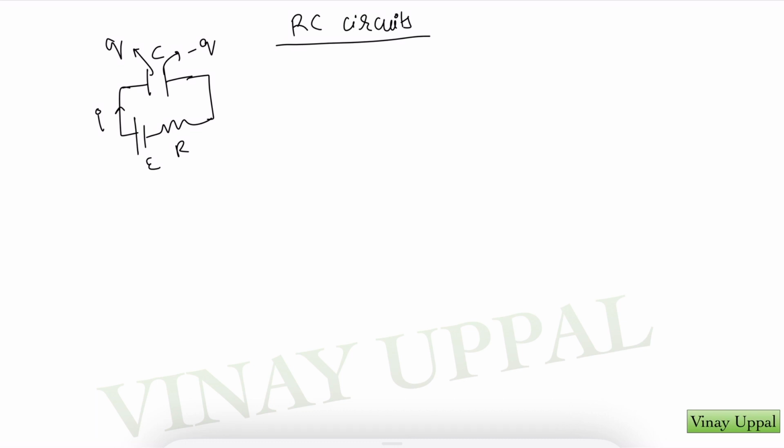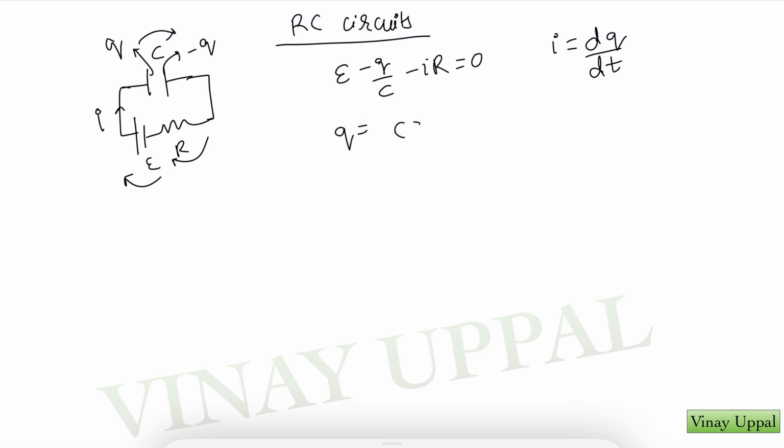So my loop law will be, let's say I go in the clockwise manner, I go across the EMF E, then I go from Q to minus Q, potential will drop, so minus Q by C, and then I go across the resistance, minus IR equals 0, and using the fact that I is equal to dQ by dt, you should be able to solve this equation and get the charge as the standard equation.